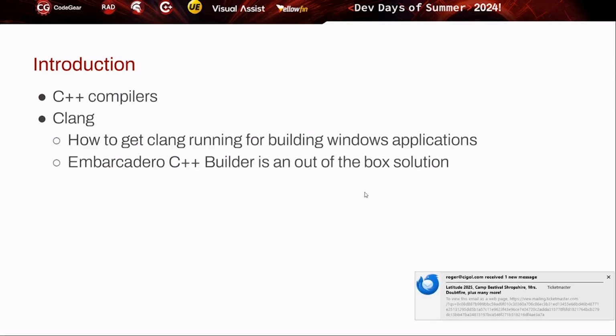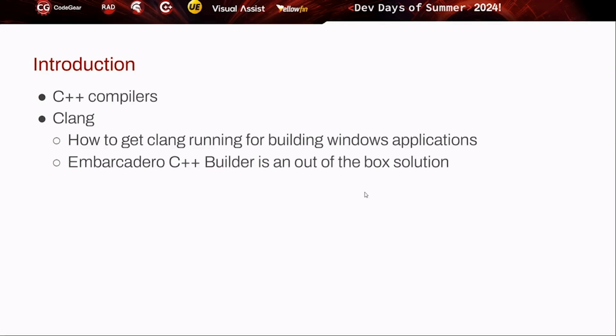Embarcadero C++ Builder is a subset of RAD Studio, so if you have a RAD Studio license, then the same applies. As you install RAD Studio, straight out of the box you can run Clang. You can compile, build, link, run Clang compiled C++ code. It's that simple.